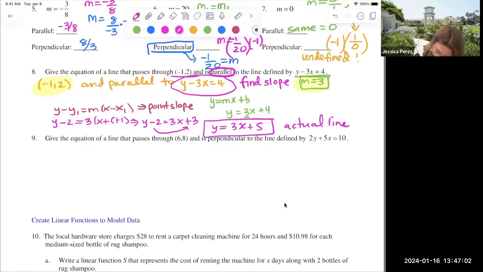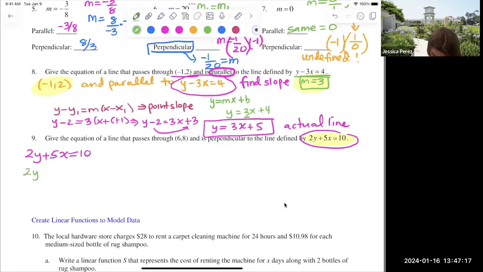Very similar, but now with the difference of being perpendicular to a line, we want to find the slope of the original. 2y plus 5x equal 10. We start by bringing the 5x over, -5x plus 10, and then divide everything by 2.